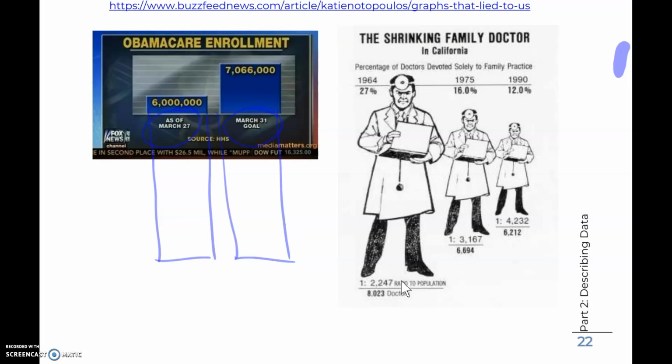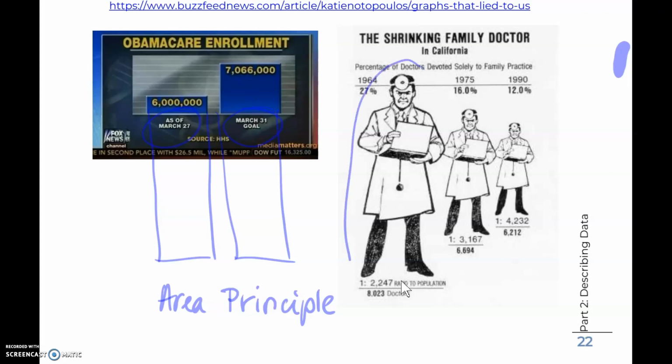This is something called the area principle, which means that we look at the area and our brain automatically compares the area. Same thing with the illustration over on the right, which talks about the shrinking family doctor in California. Again, we have a two-dimensional drawing over here. Even if we're comparing a height that's twice as big, what happens when we increase our height and increase our width by 2 is that we increase our area by 4.